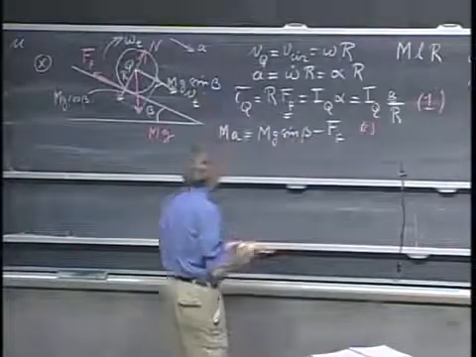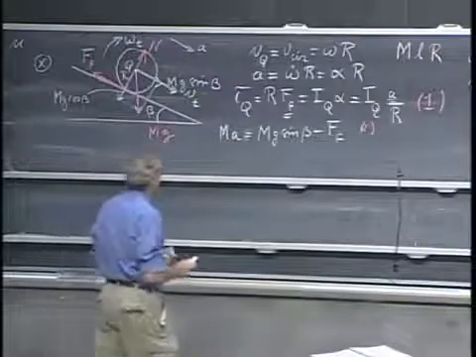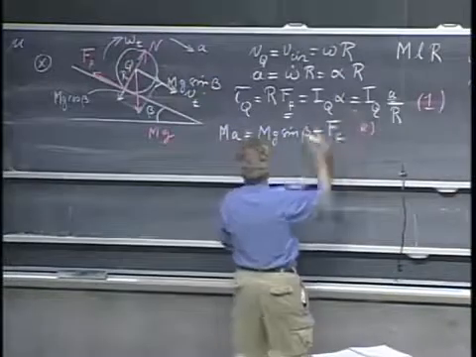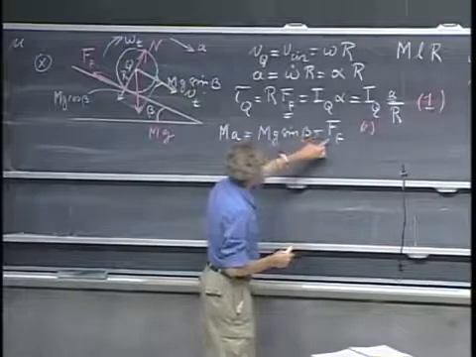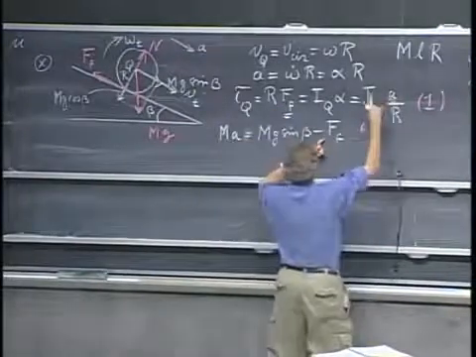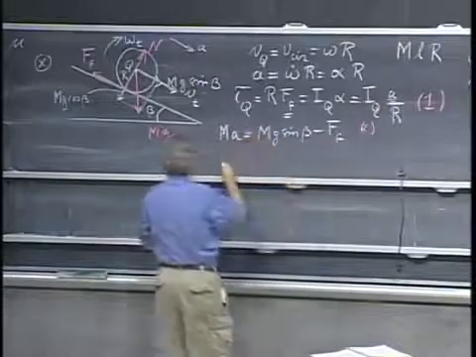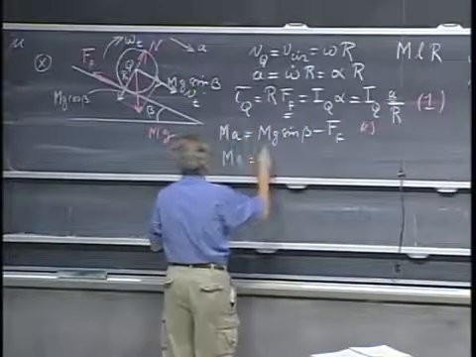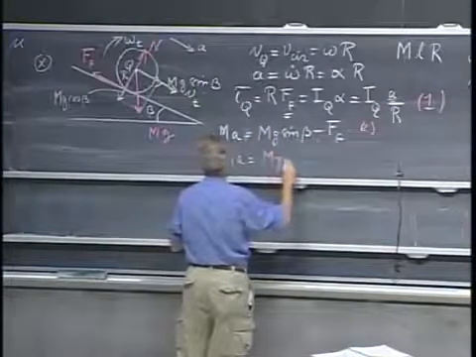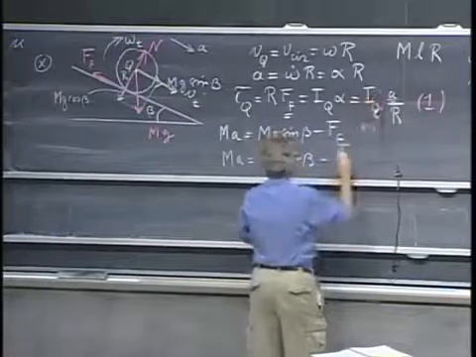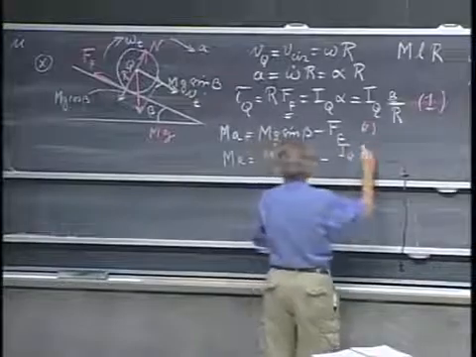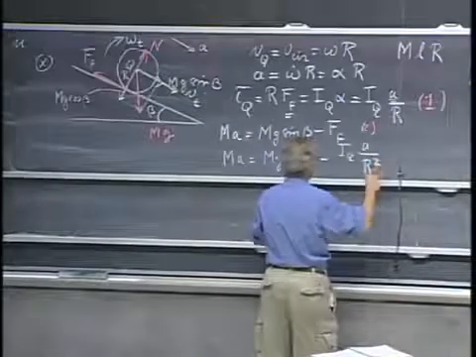Now I have two equations with two unknowns. So I can eliminate ff, and I will substitute for ff in here this quantity divided by r. And so I get ma equals mg sine beta minus moment of inertia about point Q times A divided by r squared.